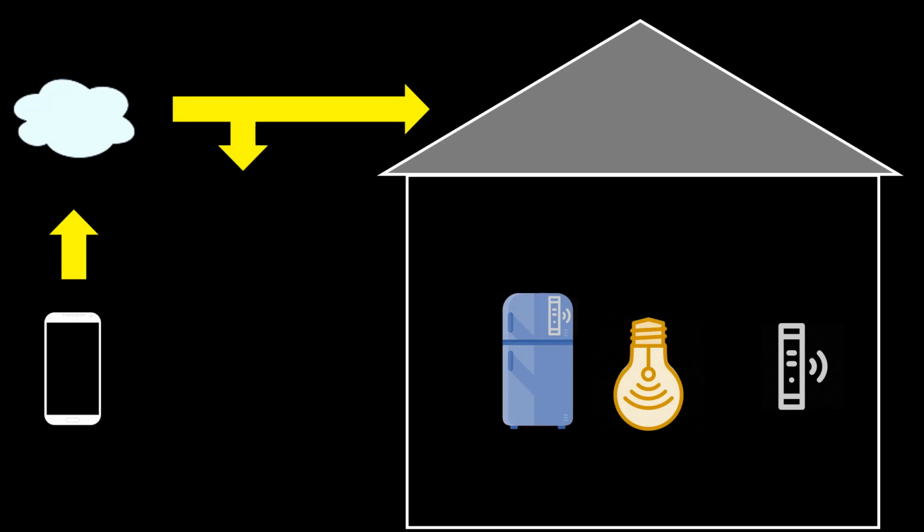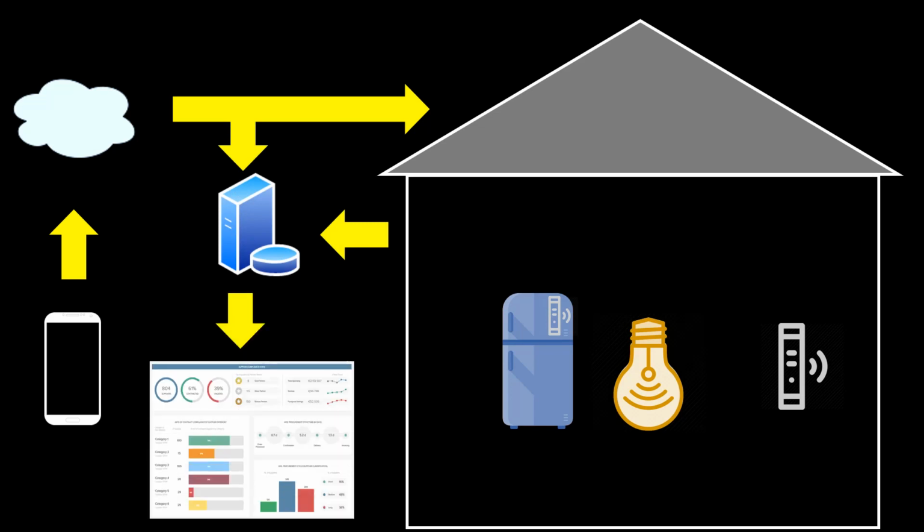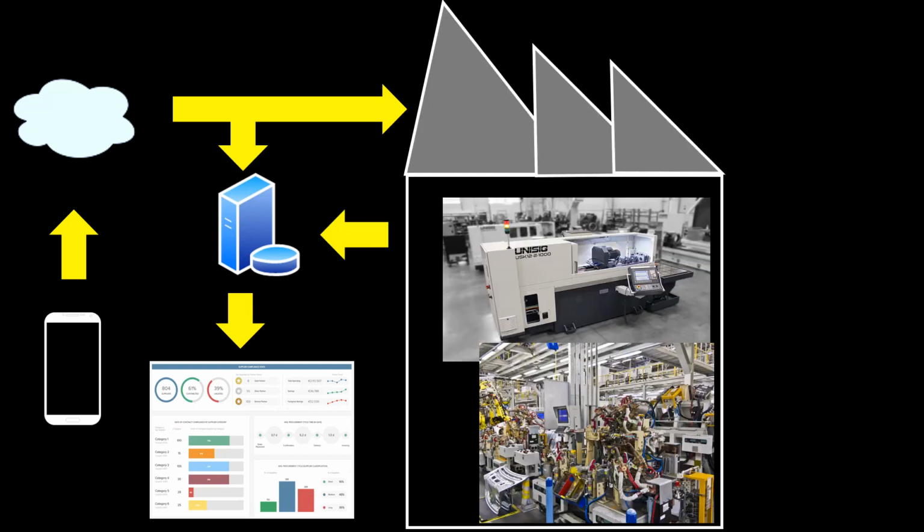In addition to that, you could also have these things send information to, let's say, a backend server or a database, from where you can draw conclusions, have dashboards and watch the status of your devices. These devices are not only available in the house, but industrial IoT is a big thing as well.